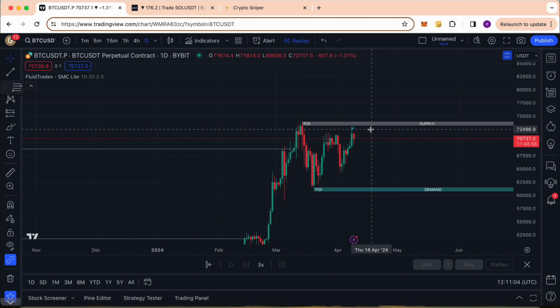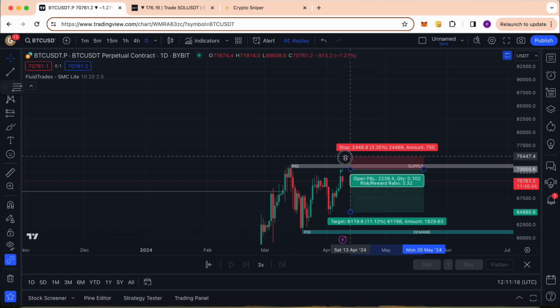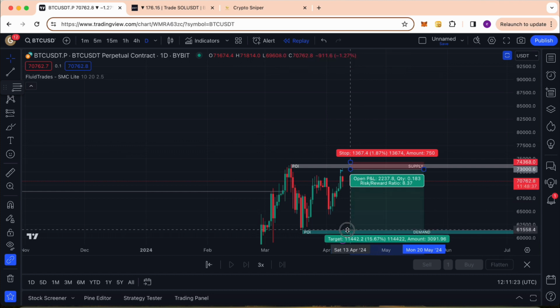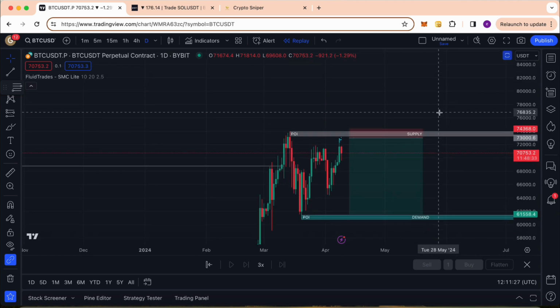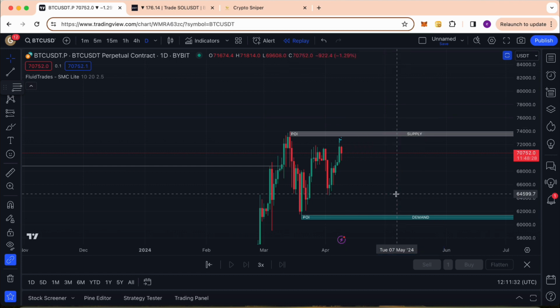So for example, we can wait for Bitcoin to retest this area once again, and we can enter a short position for a quite bigger trade, with a stop loss at around 74,000 and a take profit around 61,000. So here we are already talking about long-term, medium-term swing trades. But as I explained, with this indicator you can use it for any kind of strategy.